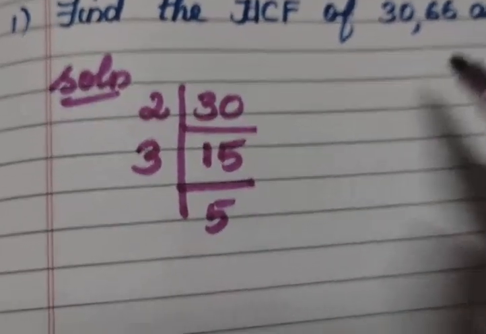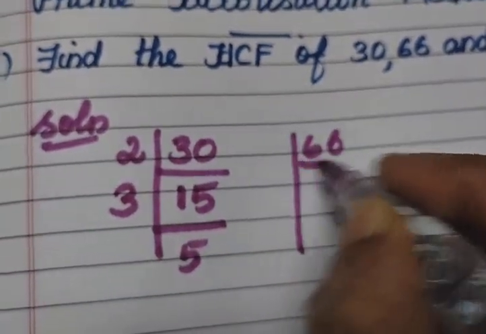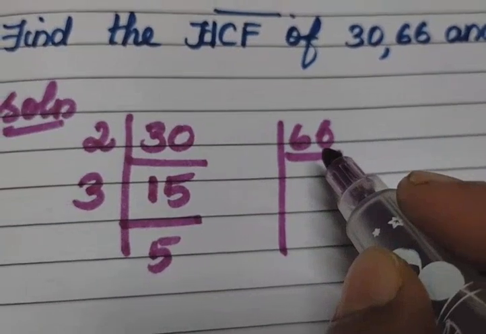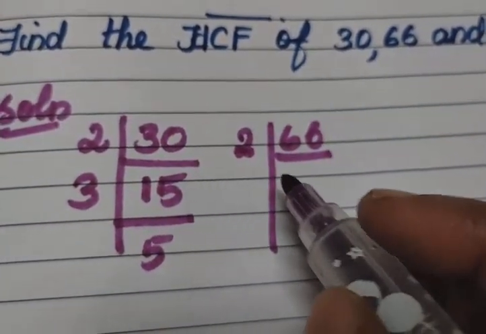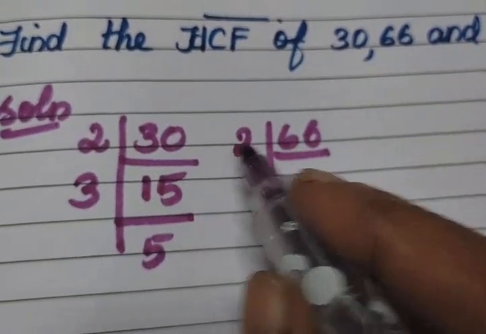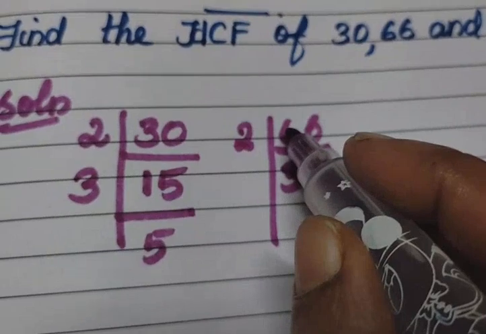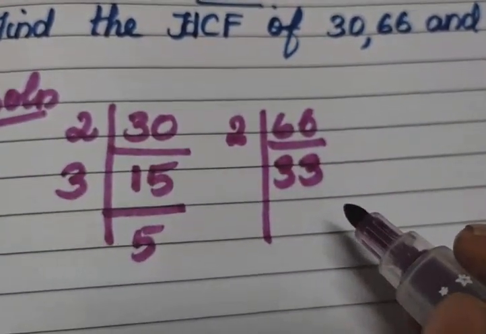Next number 66. 66 is also an even number because the ones place is 6, so we can use the even prime number 2. 66 divided by 2: 2 3s are 6, no remainder, then again 2 3s are 6.